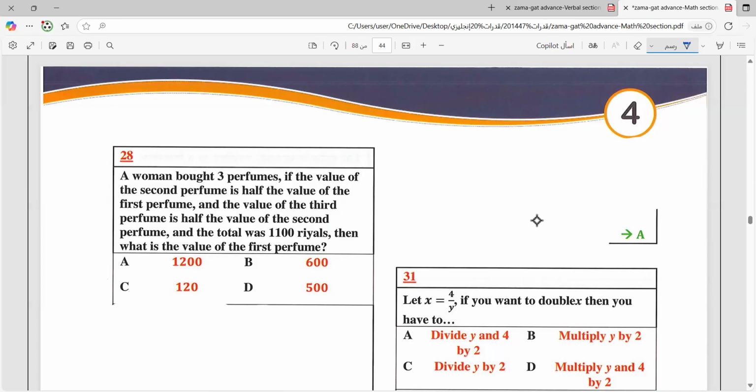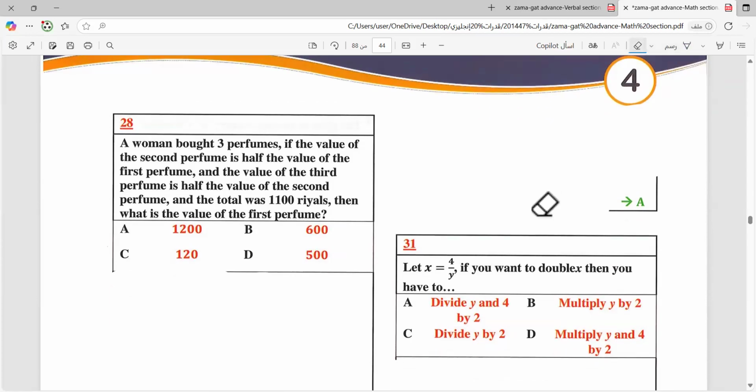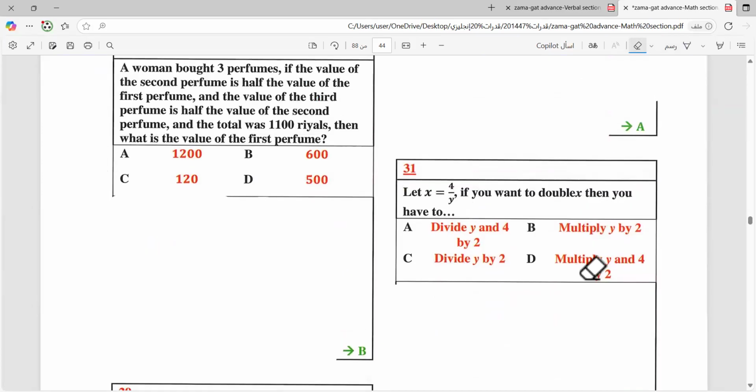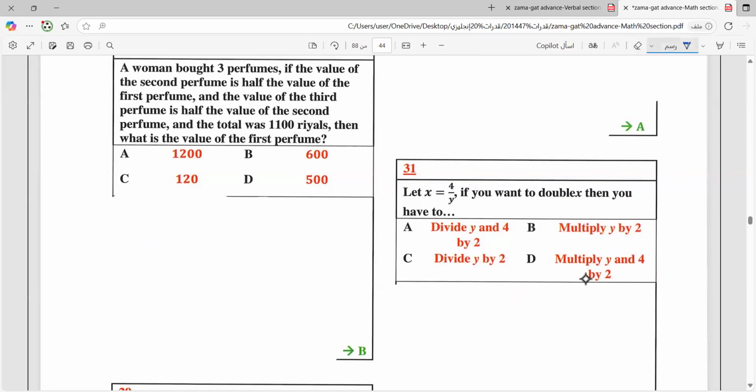So we mention all the bars now. A woman bought 3 perfumes. So here, 3. So we draw the bars. This is the first perfume, this is the second perfume, this is the third perfume.